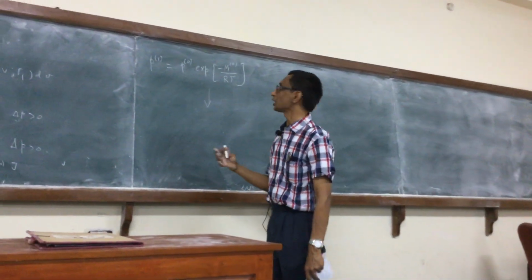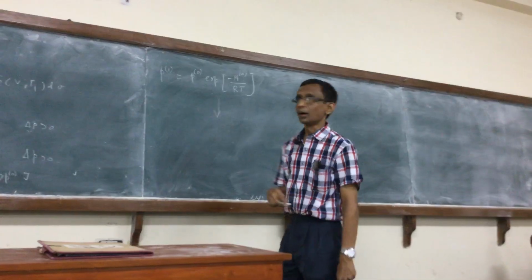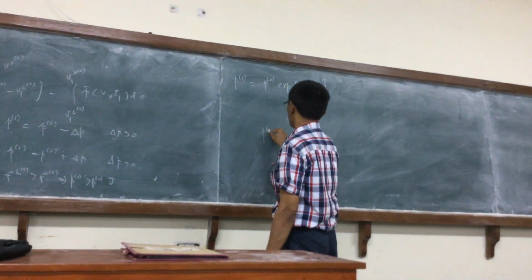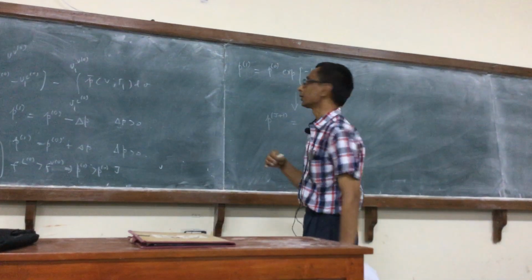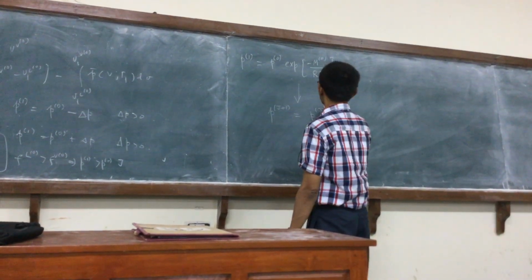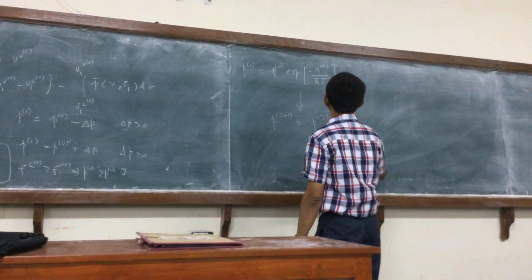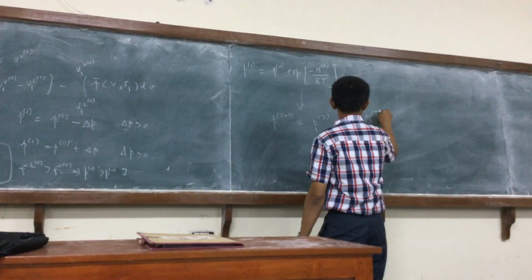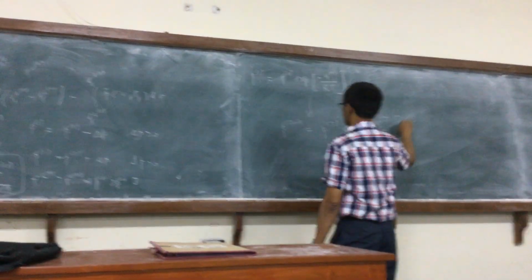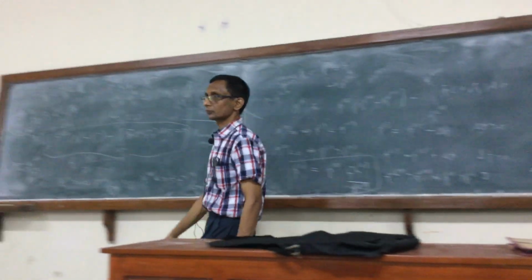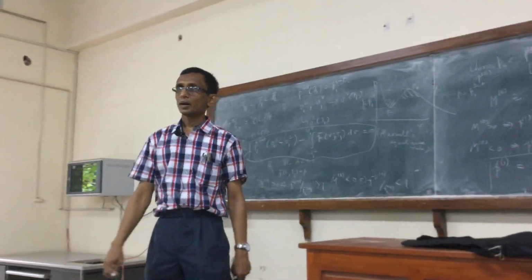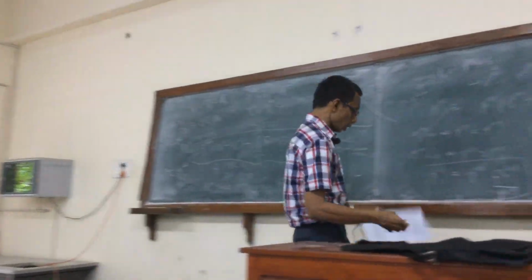So we can have a general expression that P of J plus 1, that is the J plus 1 iterate, is P of J times exponential of minus M J by RT. And then maybe stop.